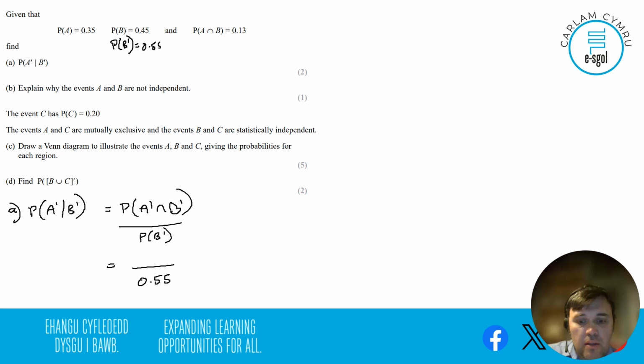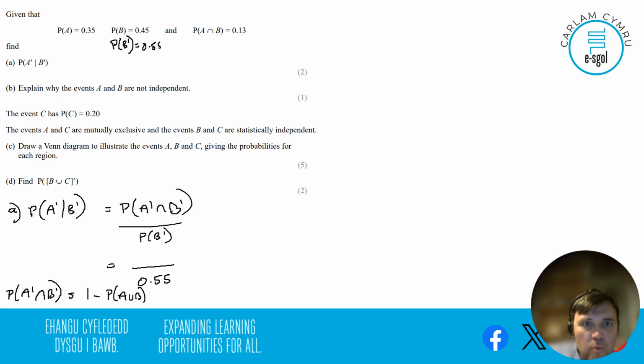We now need to work out the probability of not A and not B. Again, if we were to look at a Venn diagram, it would be the space everywhere outside of that. So that would be 1 minus the probability of A or B.